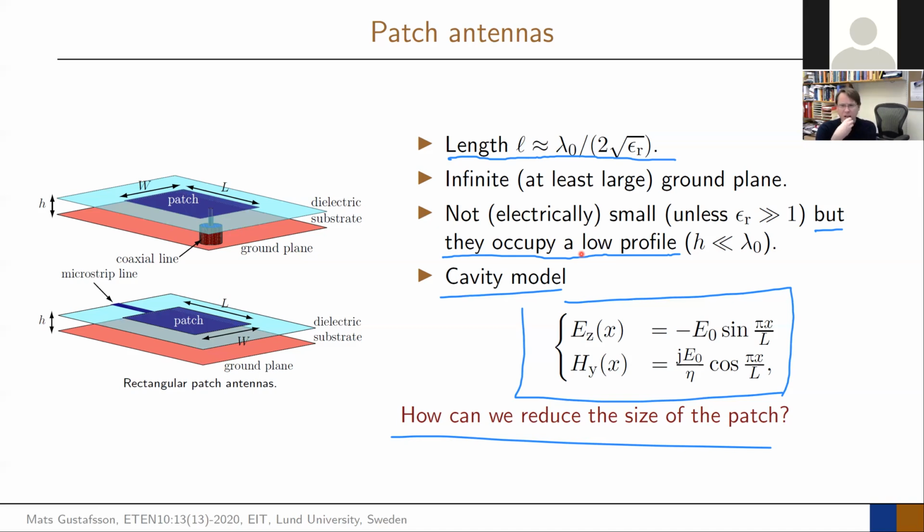So if we think again about this, okay, we know we have the cavity model. And what does the cavity model here say? It says here that the electric field behaves as sine pi x over L. L is the dimension that we have here, the length dimension. What does that mean?